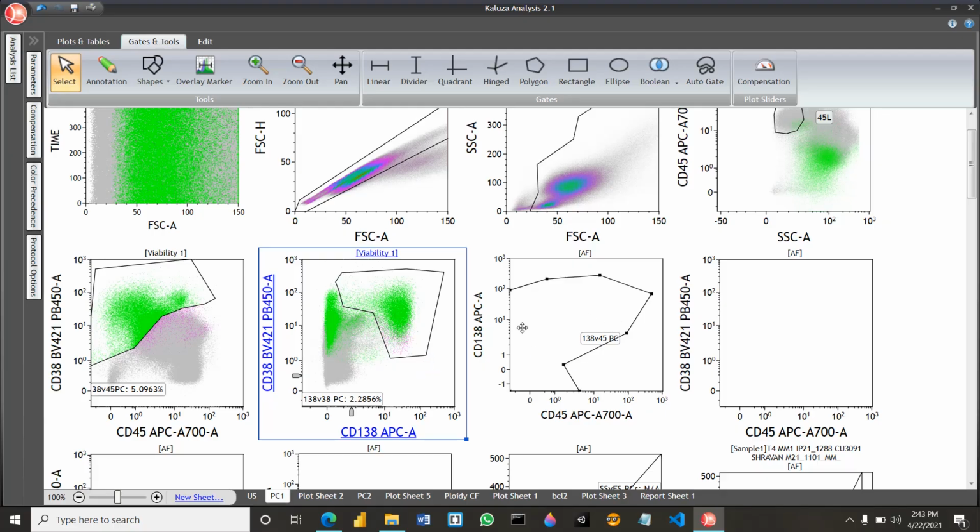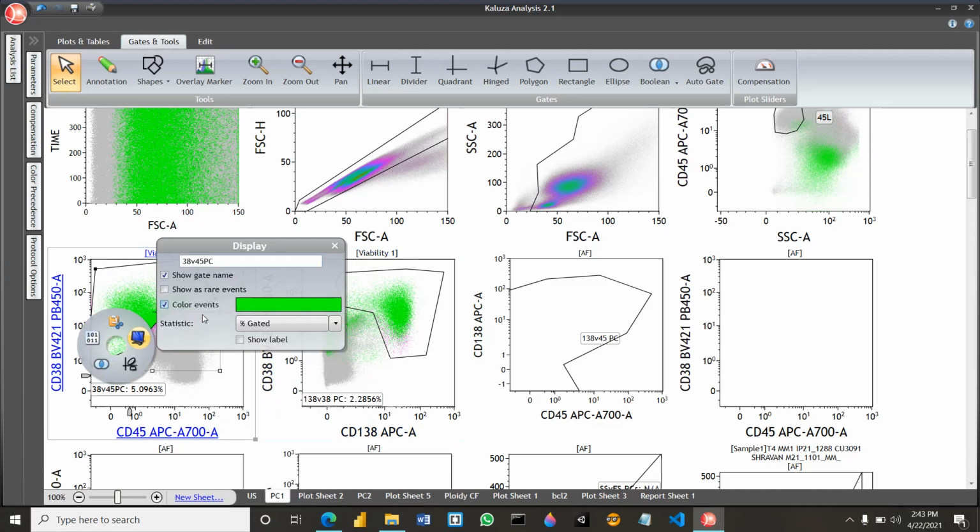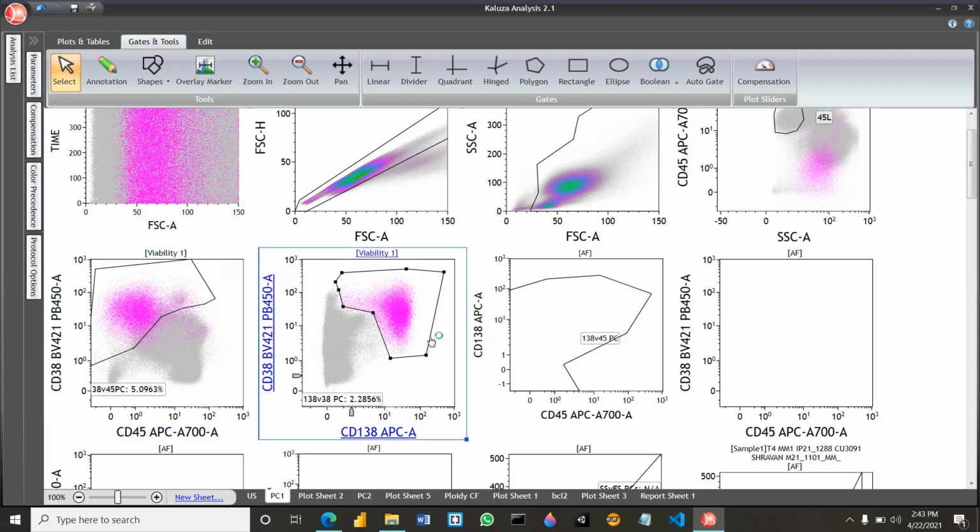Let's choose another gate like here or this gate. So we have CD38 and we have included all the plasma cells, which we have given a purple color just for the moment. Let's switch off this color to confirm, just to check. And these were the cells which we have covered. So this is how you confirm, by both combinations, that you are not excluding any cells.